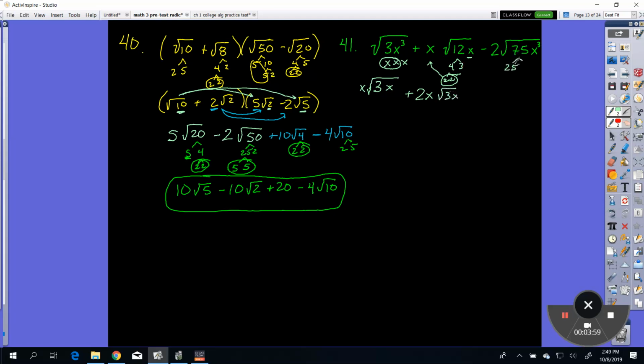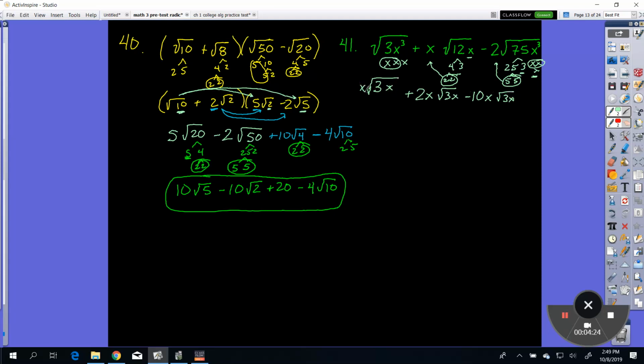75 is 25 times 3, which is 5 times 5. So there's a pair of 5's, they come out and multiply the 2. So that's negative 10. And x cubed is x times x times x, so there's a pair of x's that come out. And inside remaining are 3 and x. So they are now all square roots of 3x, meaning they are all like terms.